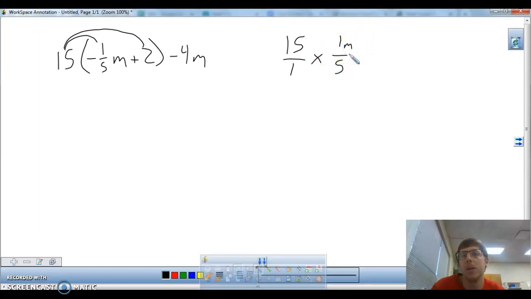Which is the same as 1m over 5, right? What's 15 times 1m? That's 15m. 1 times 5 is 5. What's 15m divided by 5? That's 3m. Now remember, it's a positive times a negative, so this would be negative 3m.